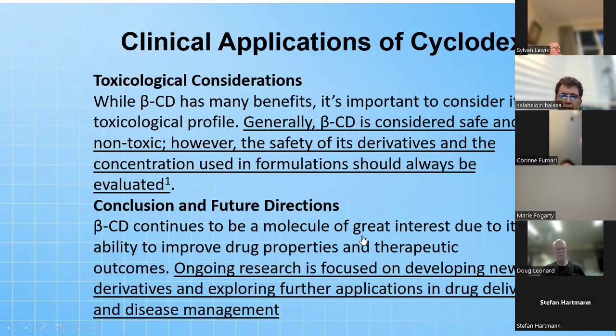So what is the toxicology concentration? While beta-cyclodextrin has many benefits, it's important to consider its toxicology profile. Generally, beta-cyclodextrin is considered safe and non-toxic. I think up to 20 grams per day is okay. I don't go above 20 grams.